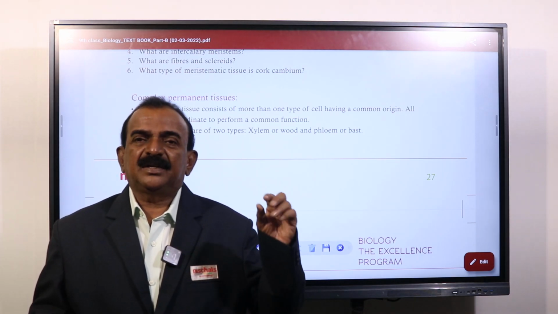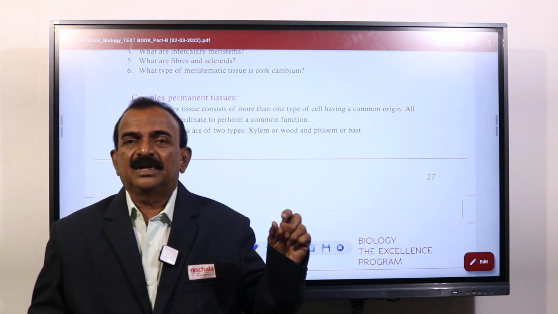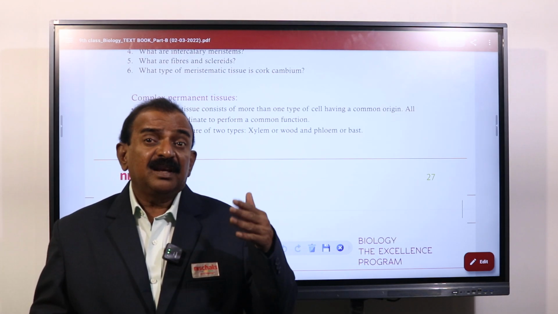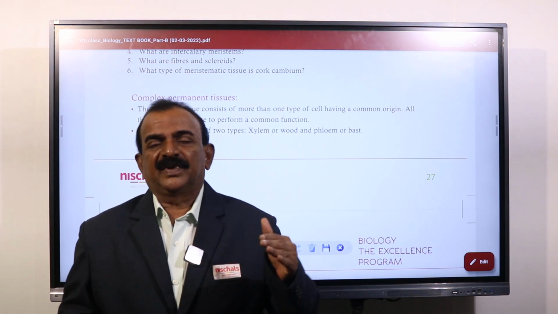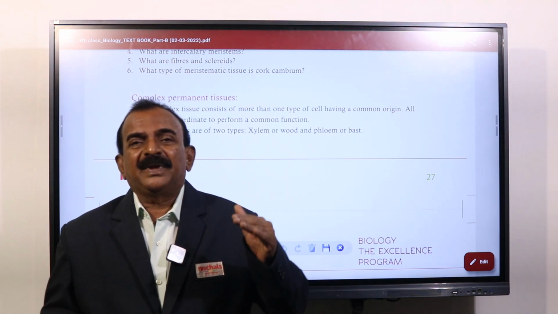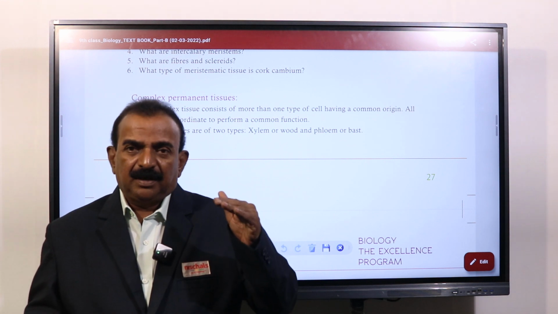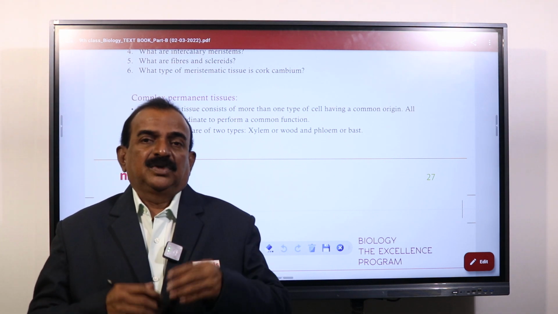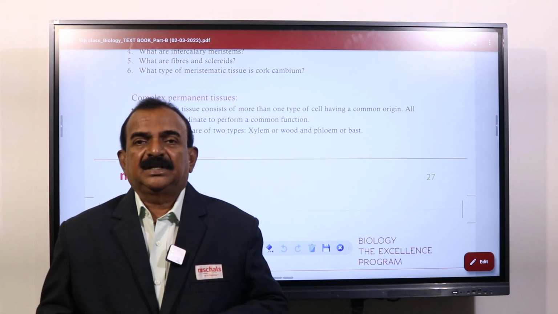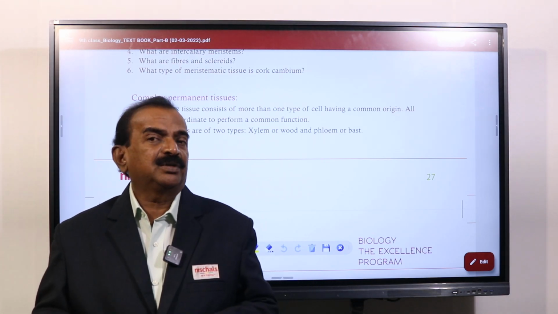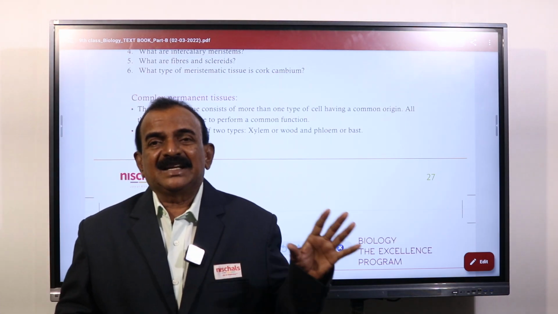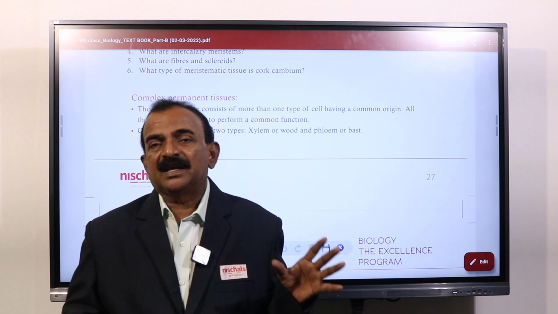So epidermal tissues are helpful in protecting the plant from mechanical injuries and also from infections, and they also prevent the loss of water from the plant body. Ground tissue consists of three types of cells, and they are collenchyma, sclerenchyma, and parenchyma.